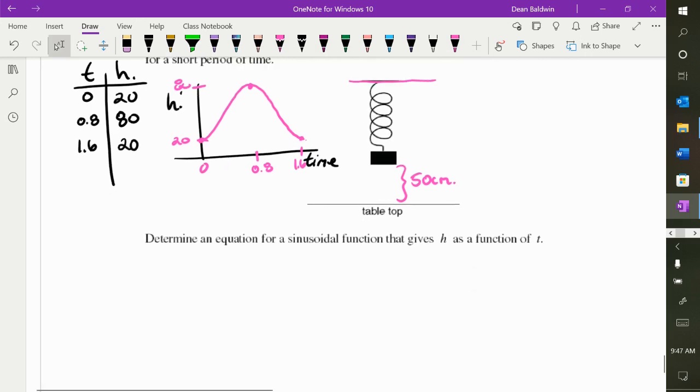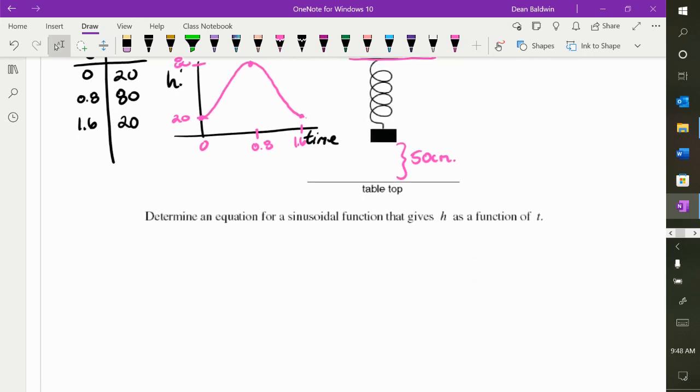Determine an equation, blah, blah, blah. Okay, what do we do? Find all the values.